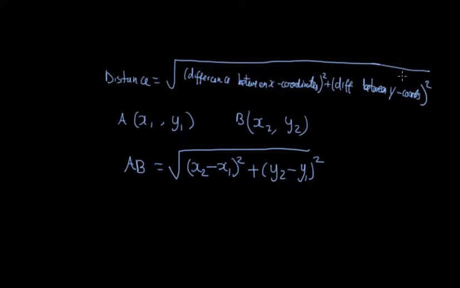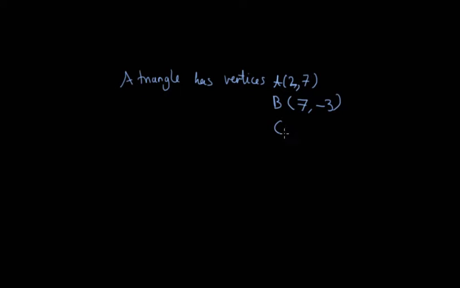So let us have a little think of an example. We have a triangle that has vertices A is (2, 7), B is (7, -3), and C is (-8, 2).